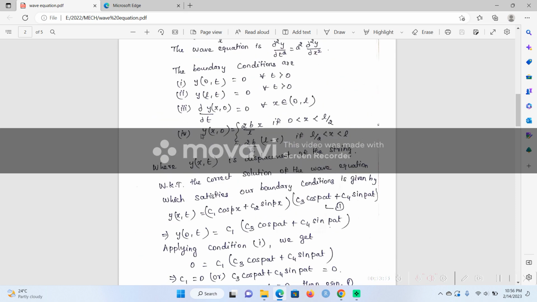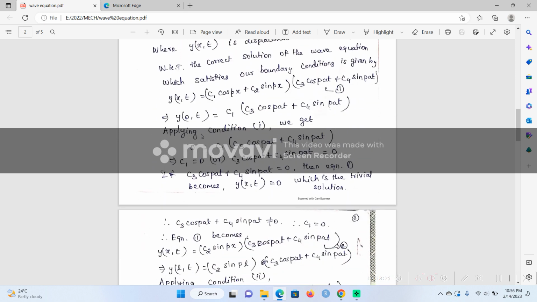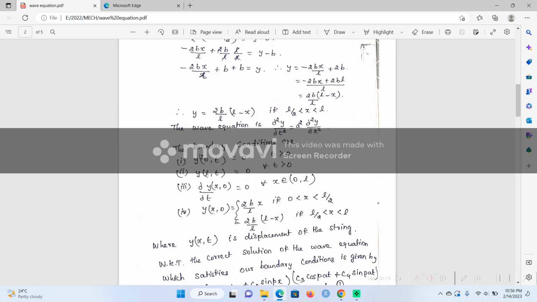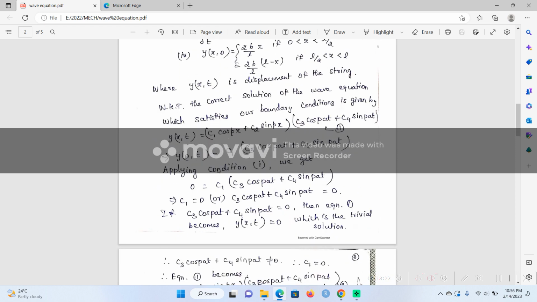So we are going to apply these boundary conditions in this correct solution and find the displacement equation at any point at any time. For that we need to put the y(0, t) value. That is our first boundary condition. So here, in the place of x we are going to substitute 0.